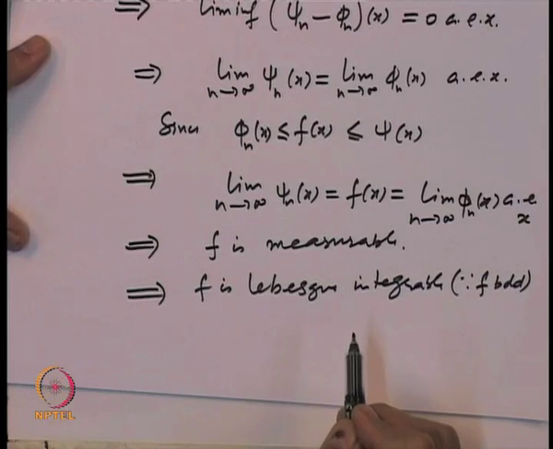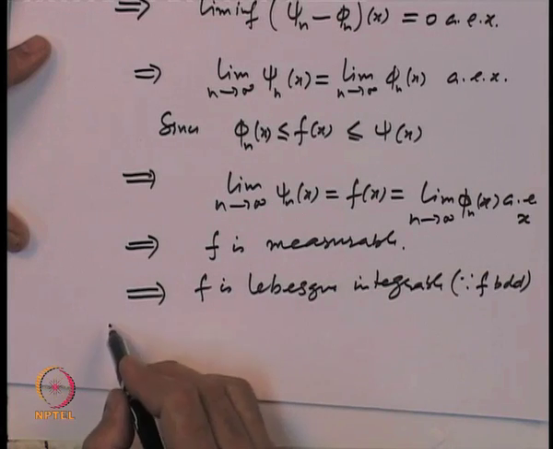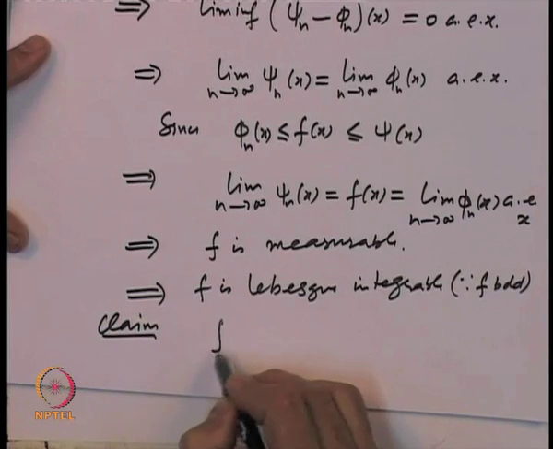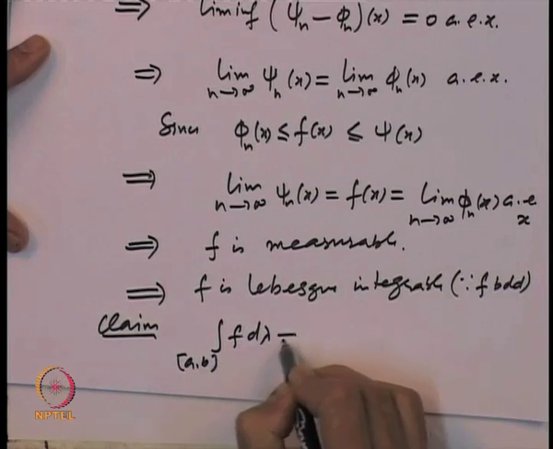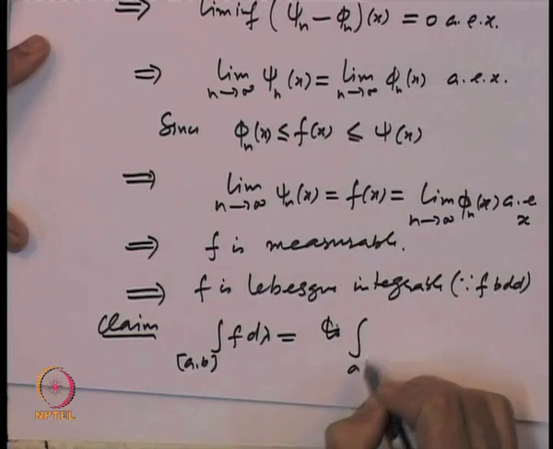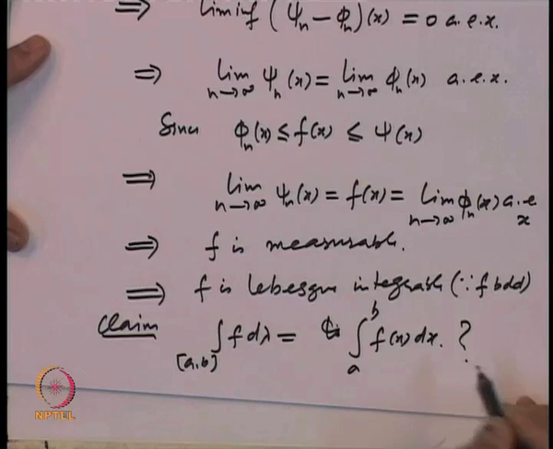So, f is Lebesgue integrable. Only we have to prove now the claim that the integral of f d lambda over a b is equal to the integral from a to b of f x dx. This is the only thing left to be shown.